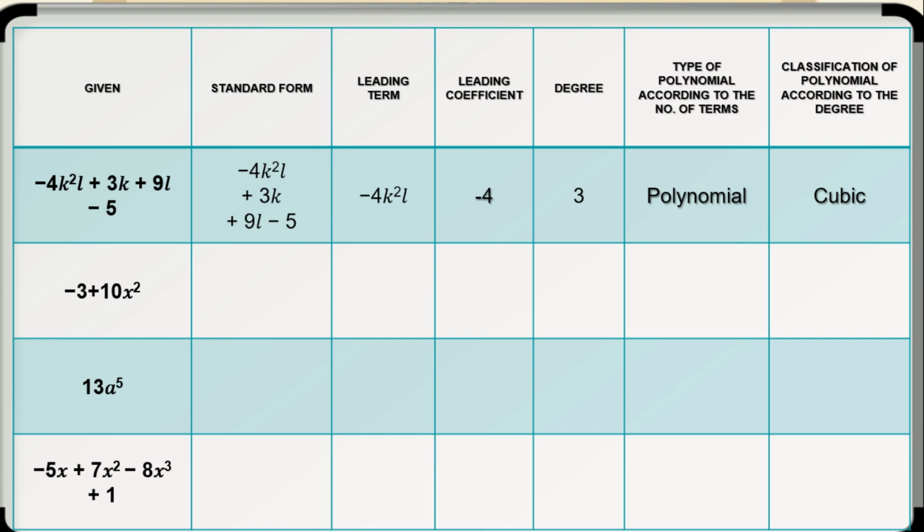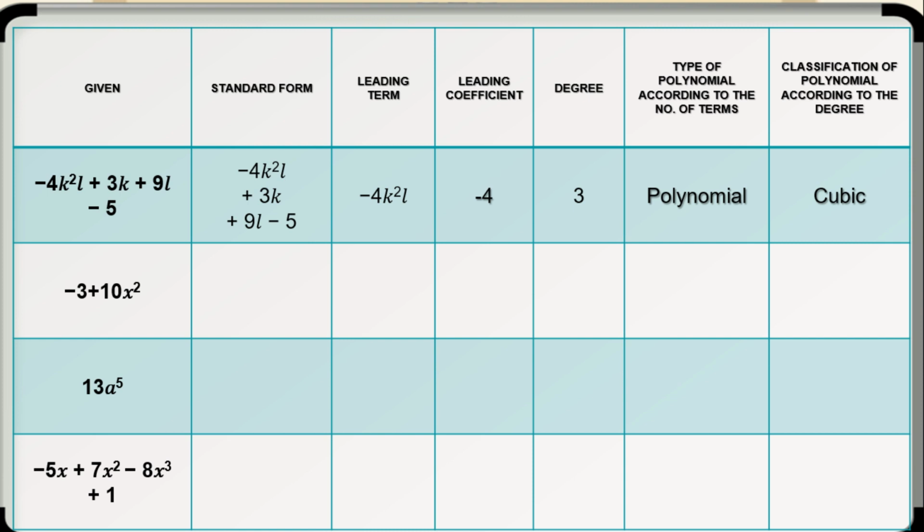Given the polynomial negative 4k squared L plus 3k plus 9L minus 5, its standard form is just the same, negative 4k squared L plus 3k plus 9L minus 5. Its leading term is negative 4k squared L. Its leading coefficient is negative 4.